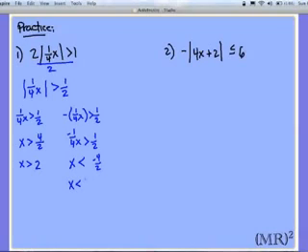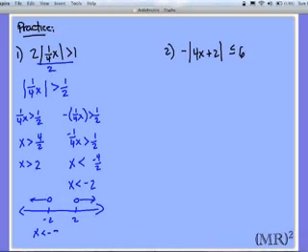And that means x is less than -2. So I have the disjunction x is less than -2 or x is greater than 2. And you can check those answers to make sure they work, and check in between -2 and 2 to make sure they wouldn't work.